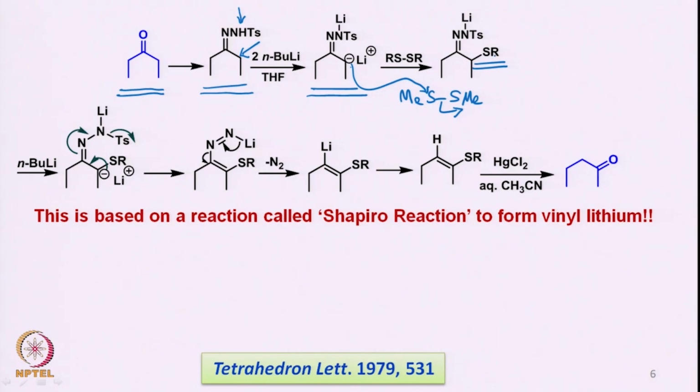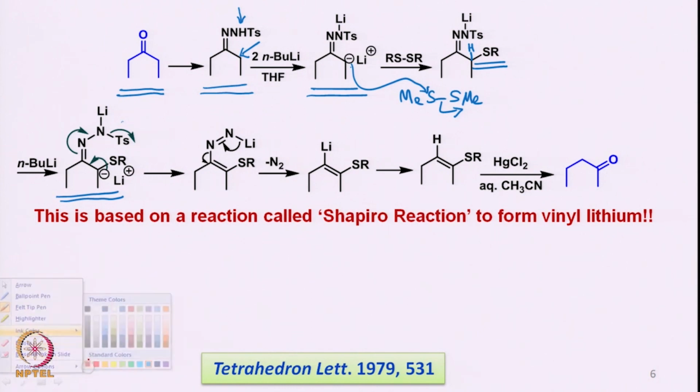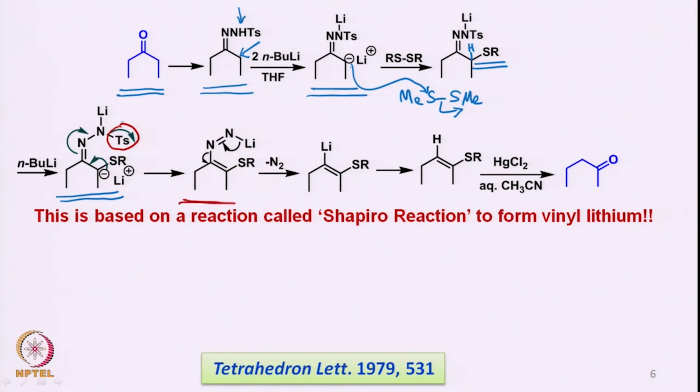Now, you use one more equivalent of butyl lithium, so that you generate another anion from the hydrogen that is abstracted, which is easily formed alpha to the sulfur. That undergoes elimination the way it is shown here, where the tosyl group is a good leaving group and goes off with the movement of the negative charge to form this intermediate.